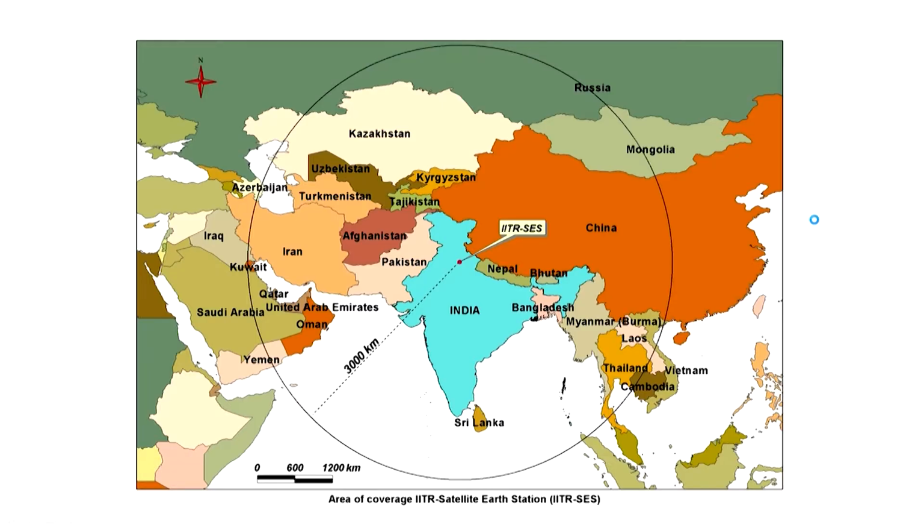Because of the relatively low spatial resolution, it covers a very large area. As you can see, our antenna, our earth station, marked here as IITR SES, where SES stands for satellite earth station, can cover about a 3000 kilometer radius. That means anywhere in this circle, if a satellite is there, our earth station is capable of acquiring data from it.